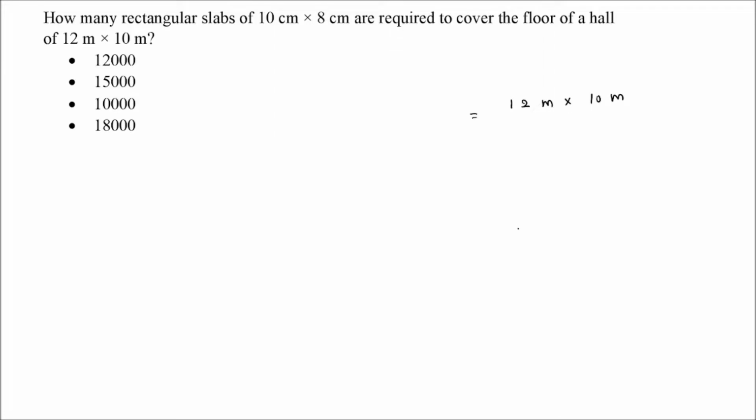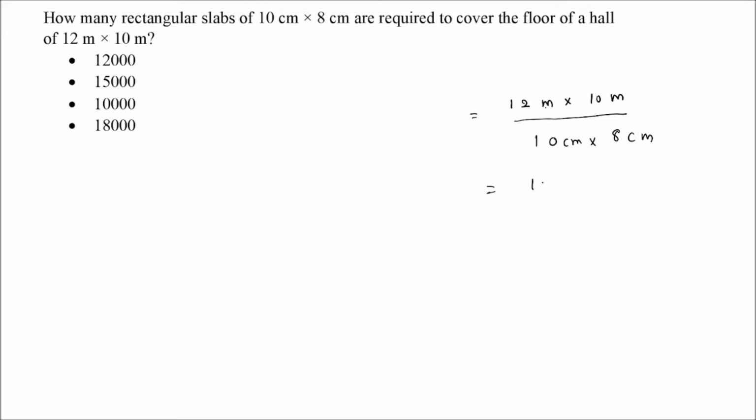So if we divide the area of the hall by the area of a rectangular slab, then we will get the number of rectangular slabs. That is 10 centimeter by 8 centimeter. You see, students, here the hall dimensions are in meter and the slab dimensions are in centimeter. So we have to convert to the same unit.